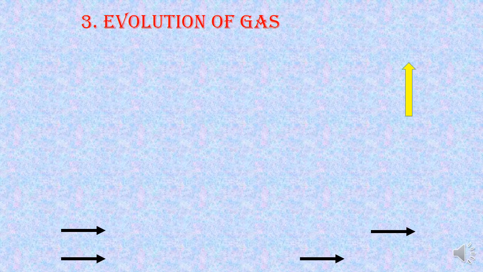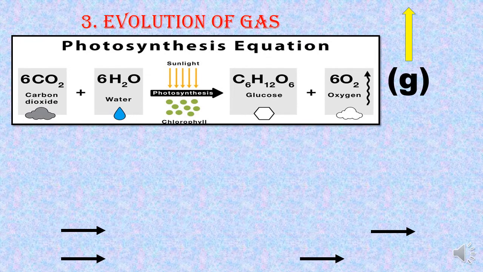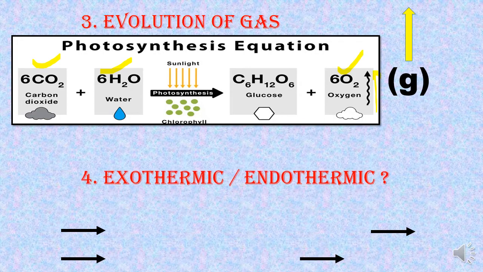Number 3. Evolution of gas. It can either be represented by an upward arrow or by writing the symbol for gaseous state, small g. For example, during photosynthesis, carbon dioxide and water react to form glucose with the evolution of oxygen gas.